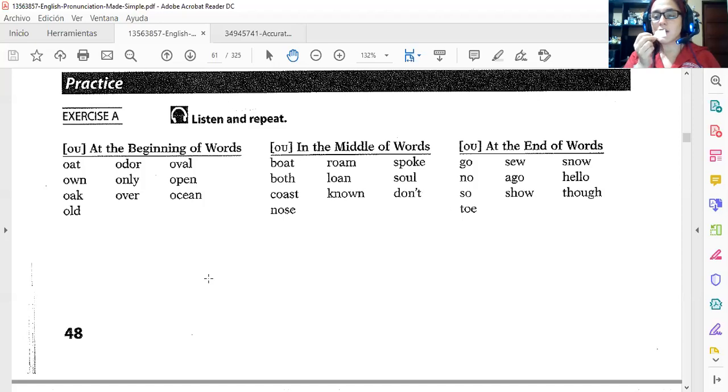You see this one, toe. When you say it, you have to move the paper in front of you. So, ago, show, snow. Remember, it's not S, snow, but S, snow. Hello, and though.